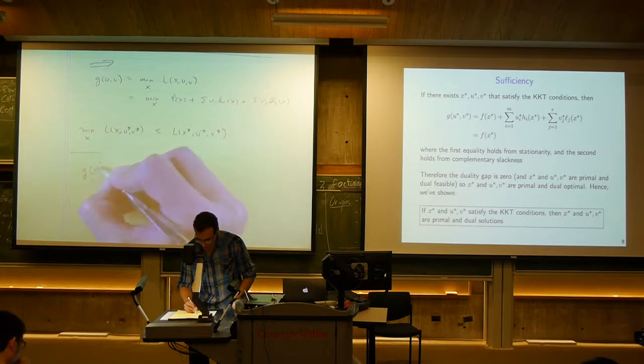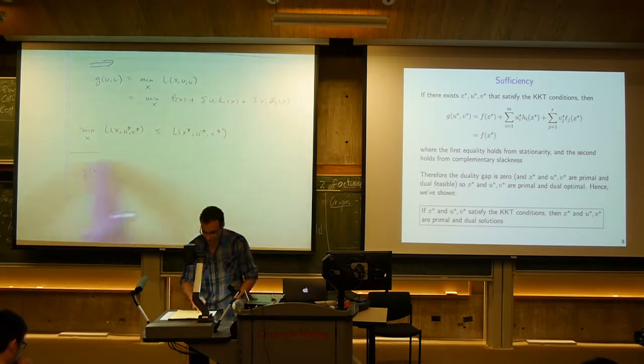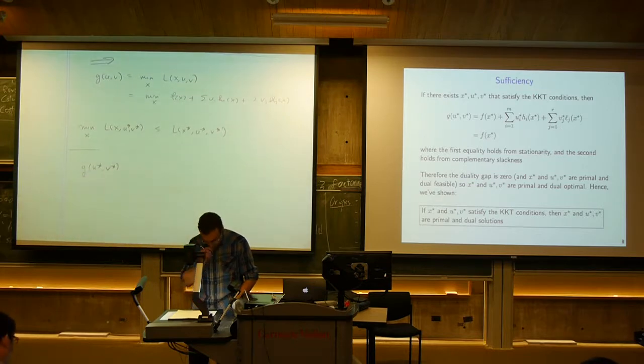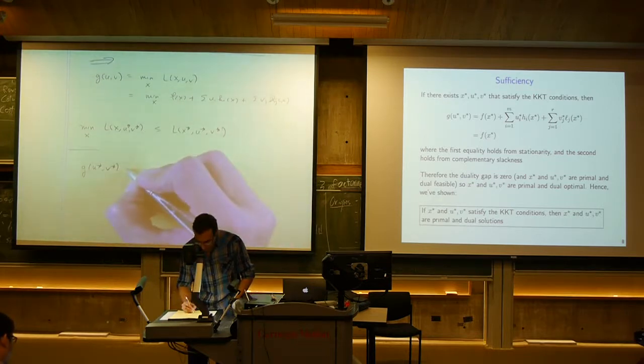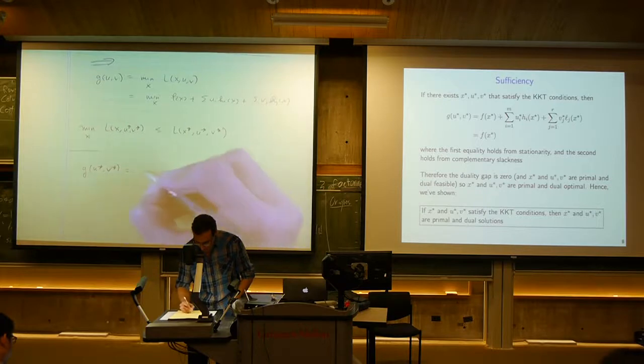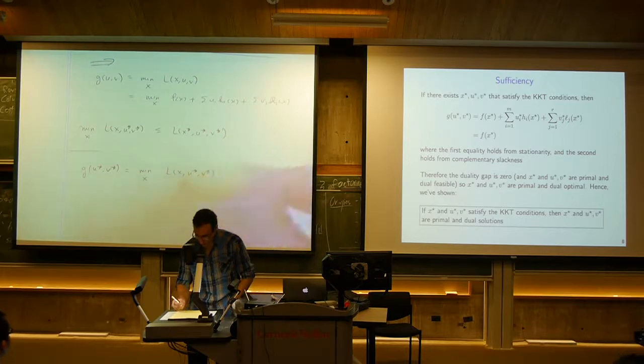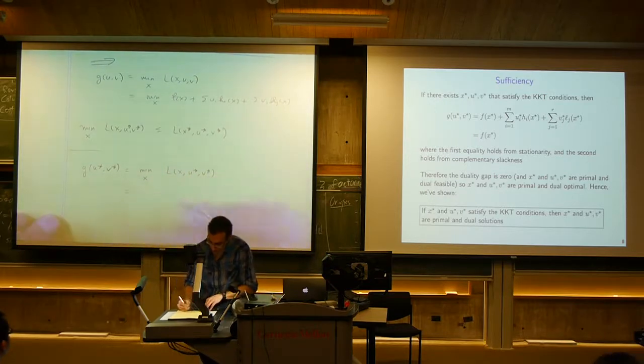At the point that we're looking at, we know that x star, u star, v star satisfy the KKT conditions. We know that the dual function is defined by the minimum over all x of the Lagrangian at u star, v star. But stationarity tells us that that's achieved at x star.